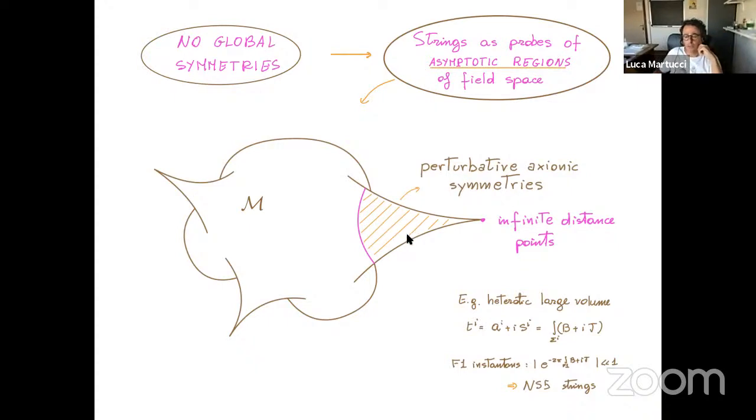So if you want to have in mind a concrete set of models, you can think of, for instance, the set of heterotic models obtained by compactifying heterotic string theory on a Calabi-Yau threefold, and consider the asymptotic regime corresponding to a large volume regime.